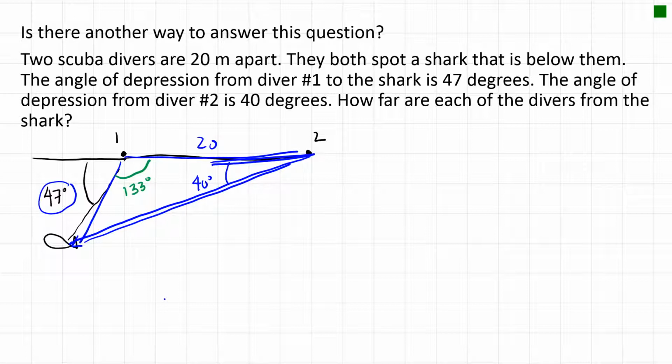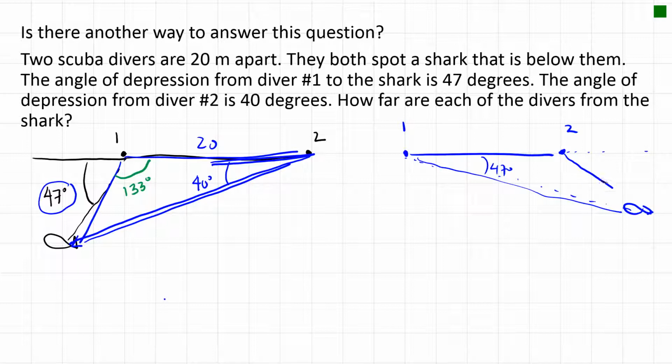Could we do it the other way around? In other words, if number 1 is sitting here and number 2 is sitting here, could the fish be on this side of both divers? Well, the diver sees this fish, there's the angle of depression, which is 47 degrees, and diver number 2 sees this guy at 40 degrees.